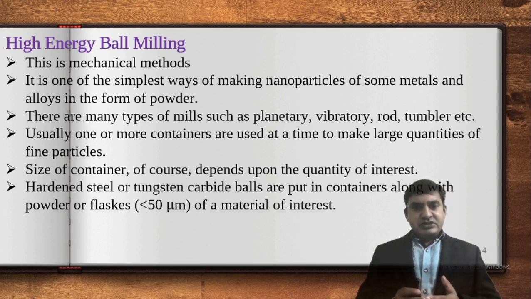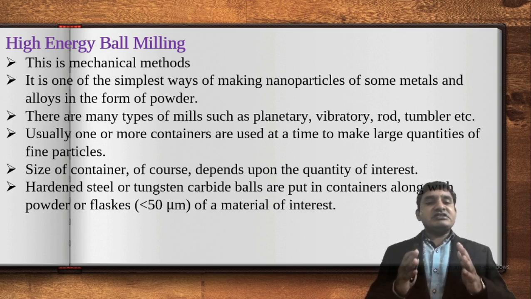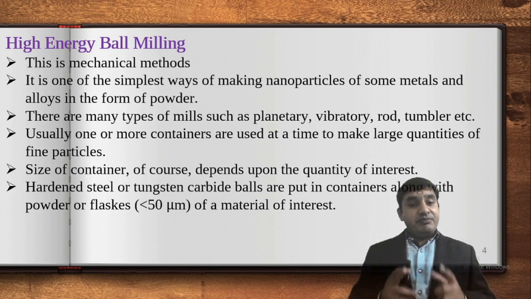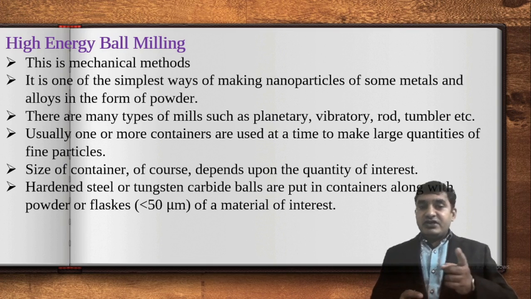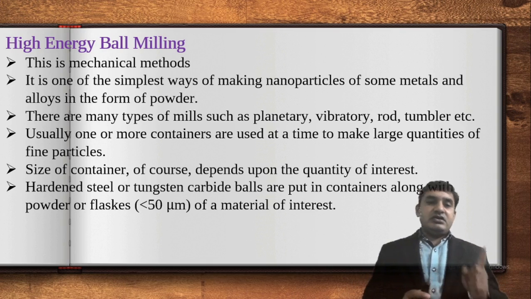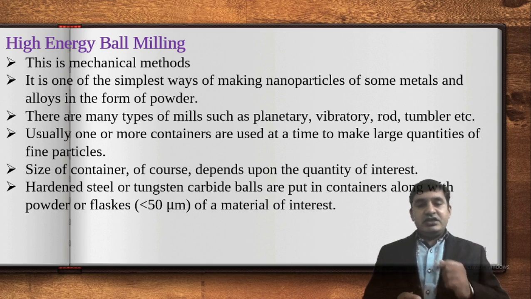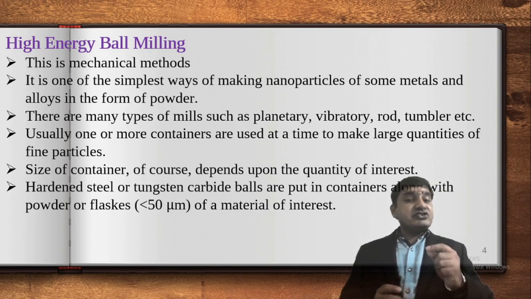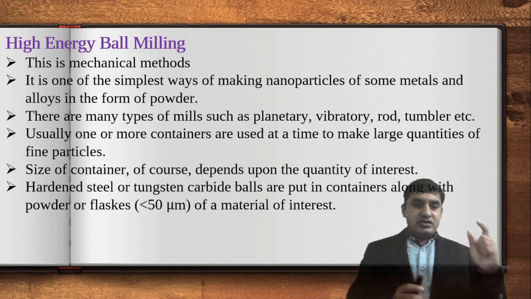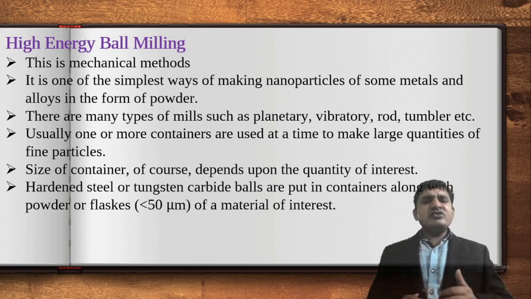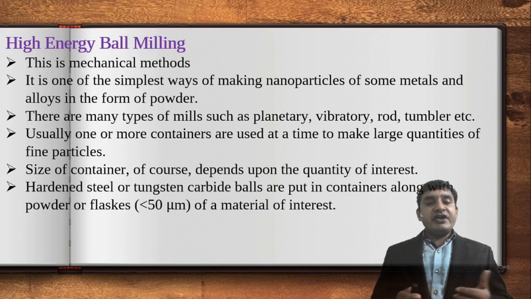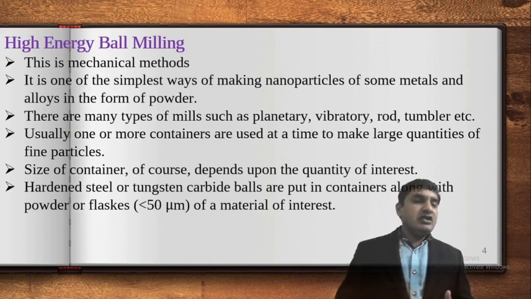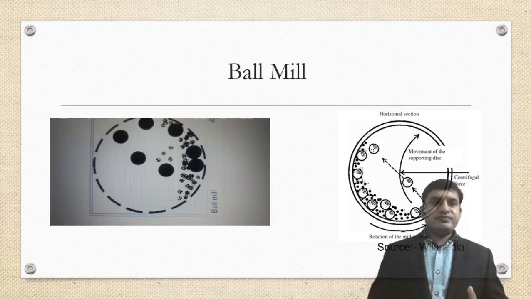Of course, the synthesis or the size of the nanoparticles depends on the rotation of the cylinder or container, then the size of the tungsten carbide balls. Also there are some factors that affect the size of the nanoparticles.